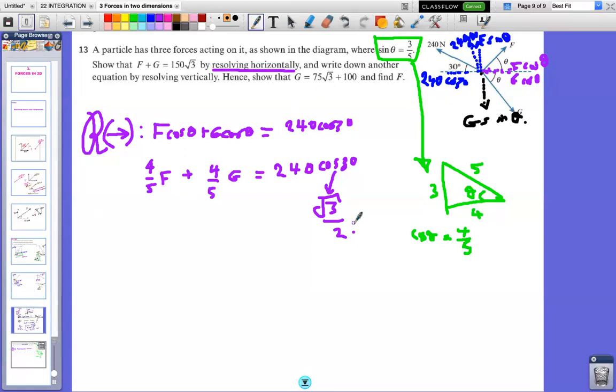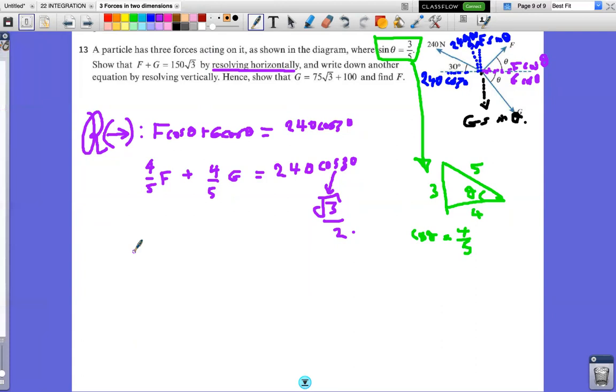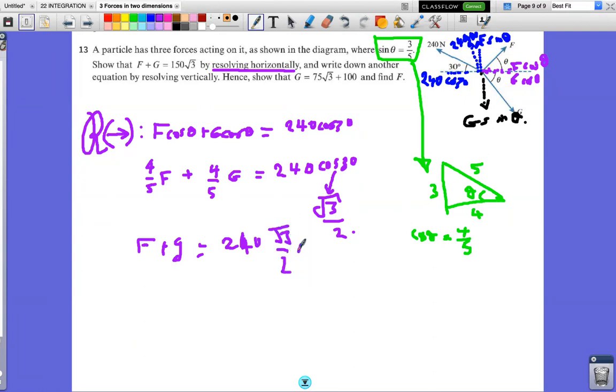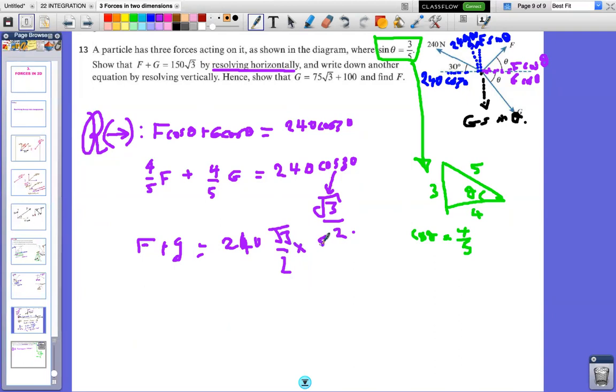Yeah. And now you can simplify this. So F plus G will be 240 root 3 over 2 times 5 over 4. Simplify this and you get 150 over root 3. All right?